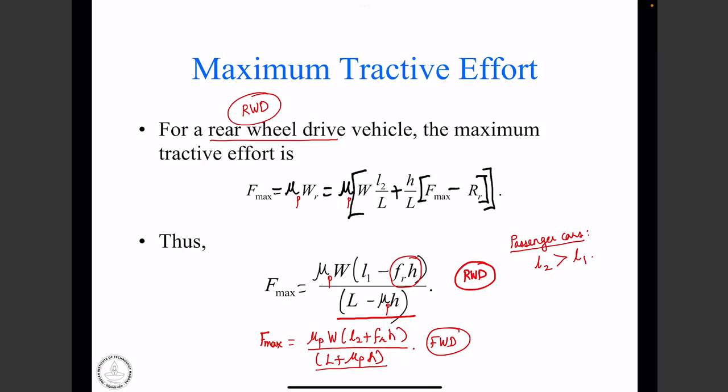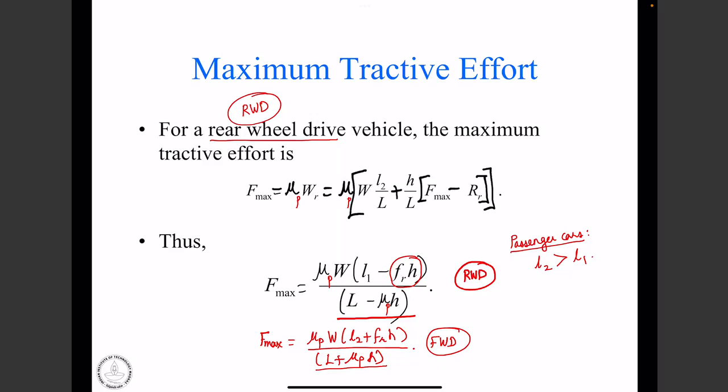When you have L minus mu p h, we are going to have a smaller number in the denominator. So in a certain sense, the dynamic load transfer during acceleration, which is captured by L minus mu p h, tends to drive the maximum available tractive force higher for a rear wheel drive configuration when compared to a front wheel drive configuration.